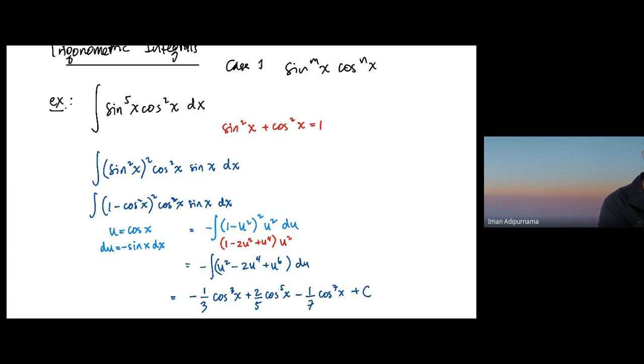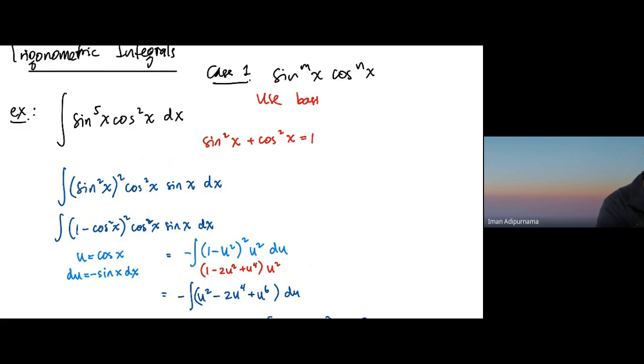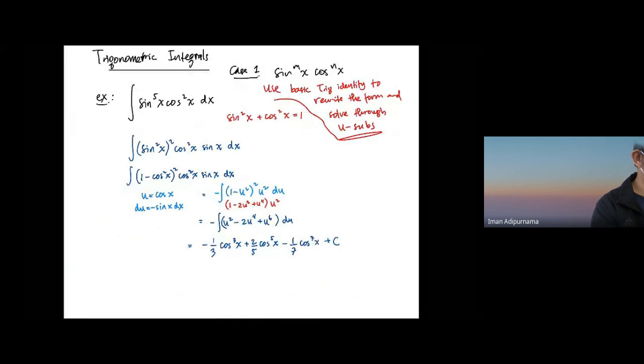Case 1: use a basic trig identity to rewrite the form and solve through u substitution. Okay, that's the first case.